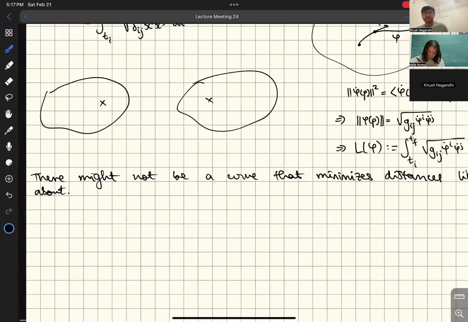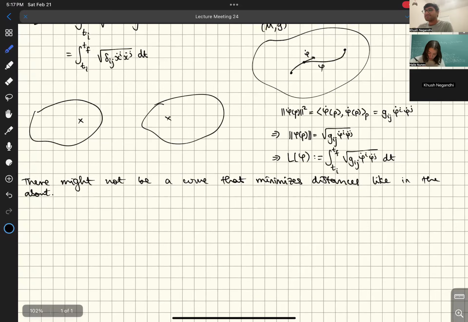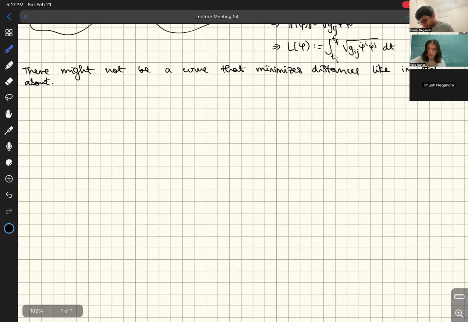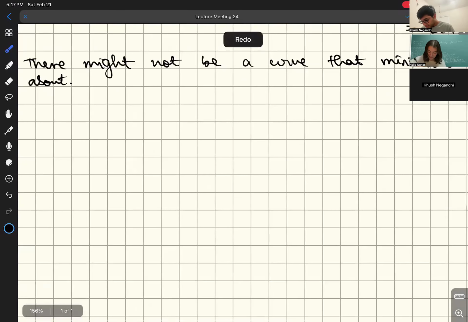Okay, but now you might tell me, okay, Chris, this is not a very fun example because there's no path between them to begin with. So how can we even talk about a minimizing path? But fret not, we can construct an even better example.